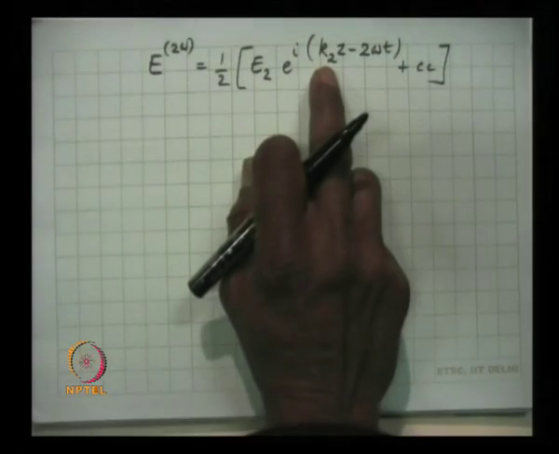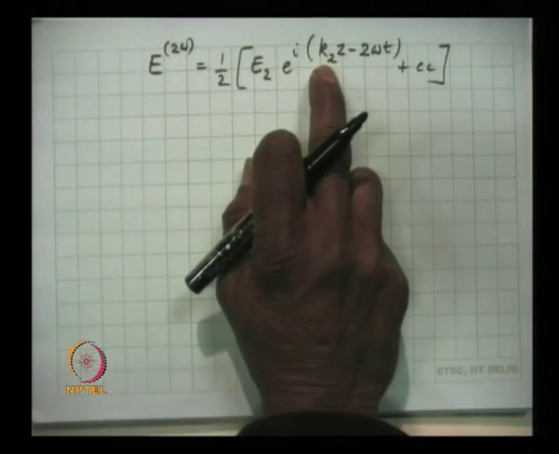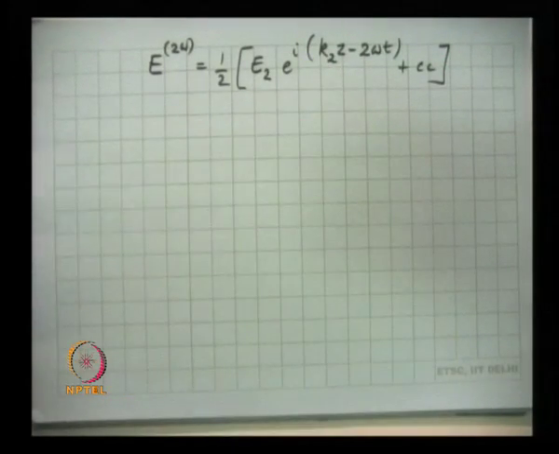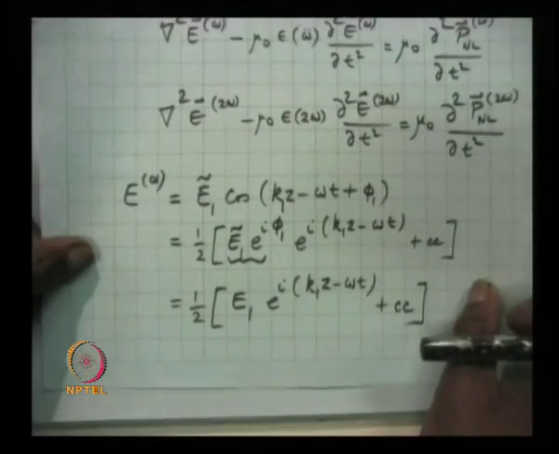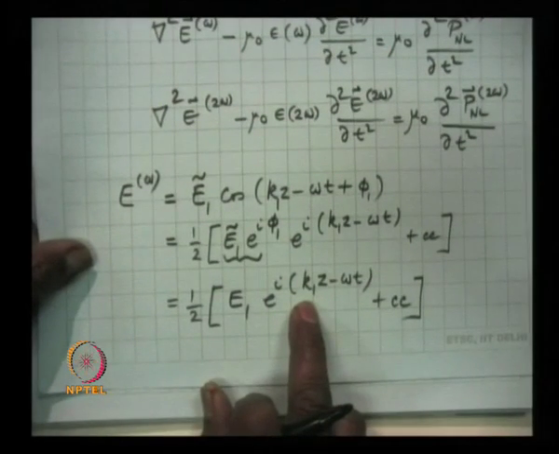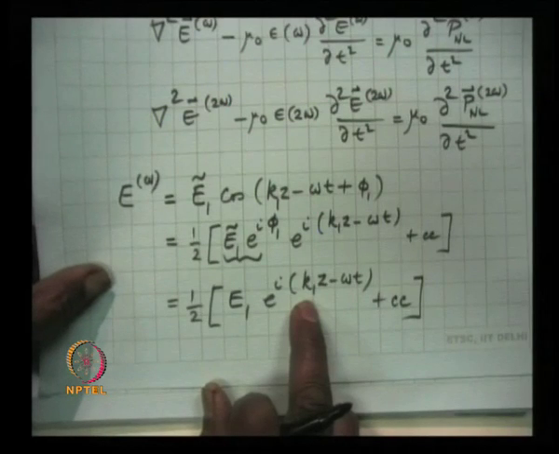K2 is the propagation constant of the medium at frequency 2 omega. K1 is the propagation constant of the medium at frequency omega. If it is an ordinary wave or extraordinary wave, K1 will have to be taken with the correct value.